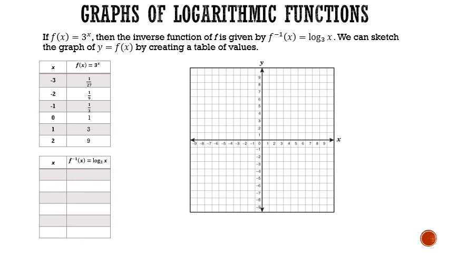Now let's look at how to graph log base 3 of x, and hopefully we can find some similarities between log base 2 of x and log base 3 of x, and then we're going to generalize that. Okay, again, for creating the table of values for our inverse function, you switch the x and y values of the original function. So this becomes 1/27, negative 3, 1/9, negative 2, 1/3, negative 1, 1, 0, 3, 1, and 9, 2.